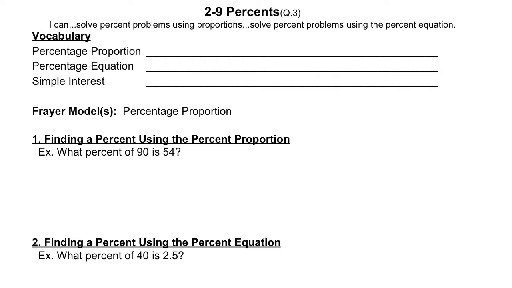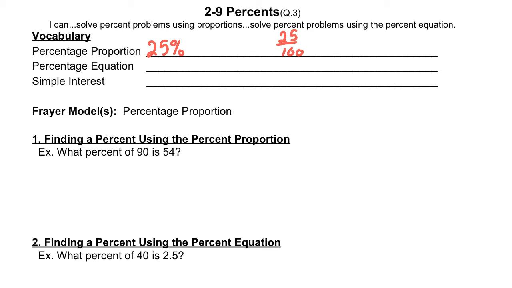So basically, the percentage proportion is when we have a percent, let's say something like 25%. 25% as a ratio is 25 over 100.